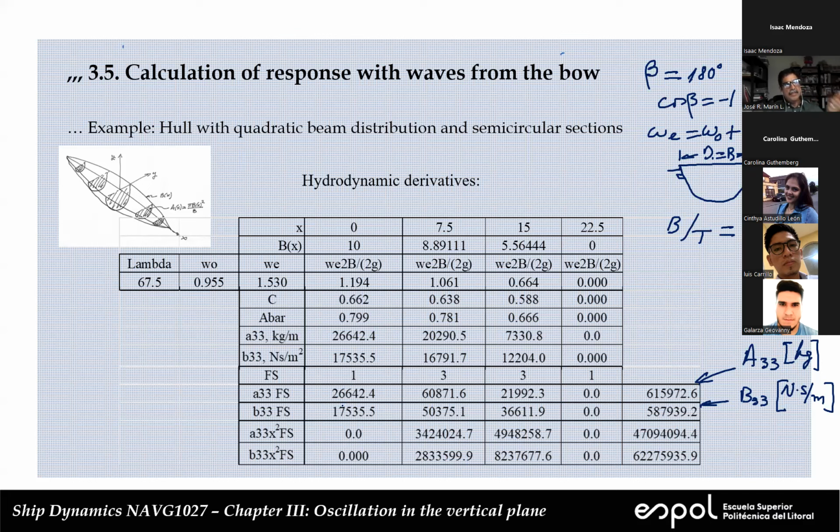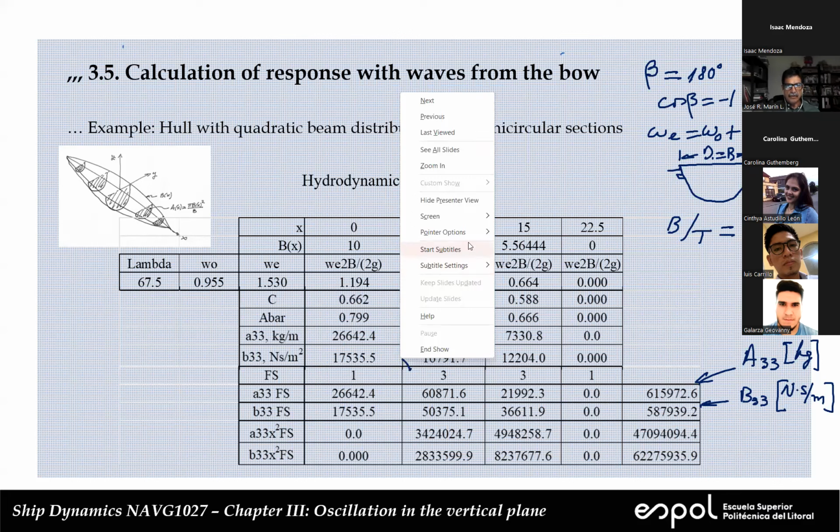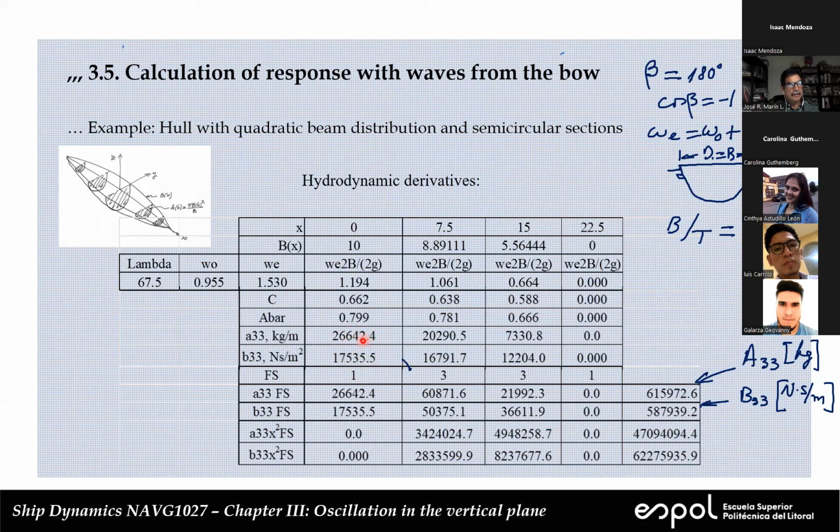But you also need the properties for the pitch. In that case, you use the same A33, so you use these two values here. But now you integrate multiplied by the square of x. So I have x here.